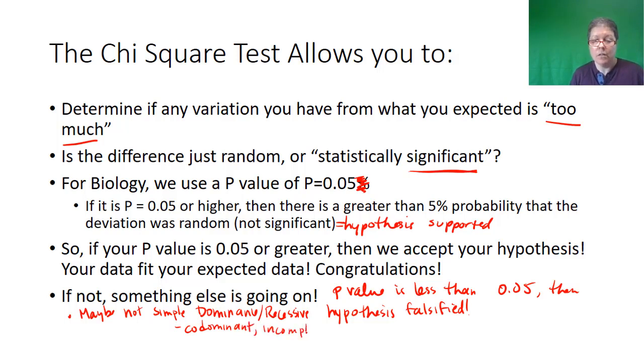Or, I need to be able to spell. There we go. Or maybe it's polygenic inheritance. There's more than one gene. Or maybe there's an environmental effect.